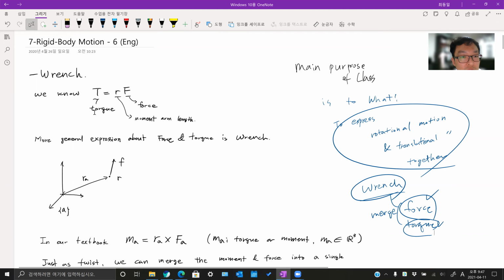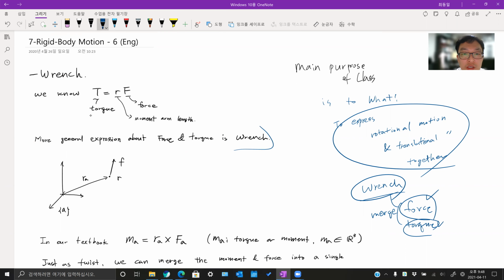So we know about the torque here. Force multiplied by moment arm length becomes torque. So a more general expression of force and torque is wrench.